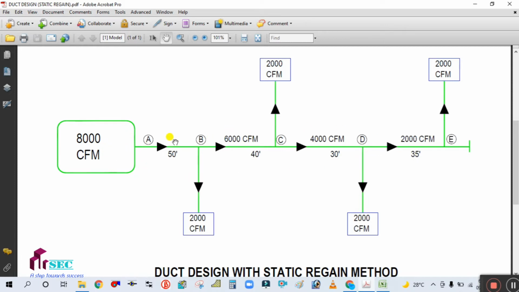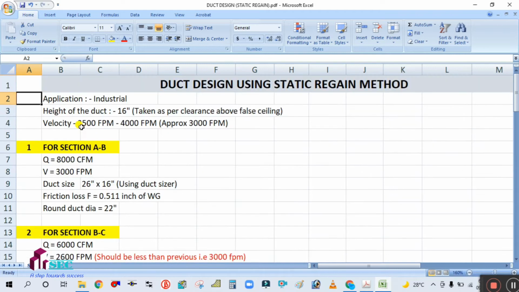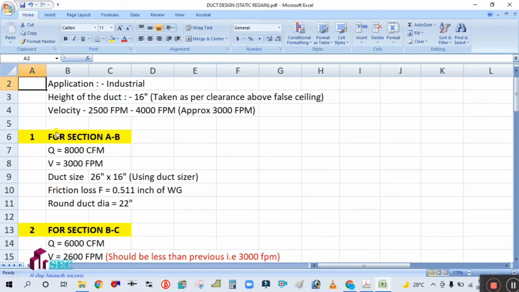So how do we design this duct with a static regain method? We have one simple Excel sheet. You can see here, this is duct design using a static regain method. First of all, you need the application. This method is mostly used for industrial applications, so the application is industrial.